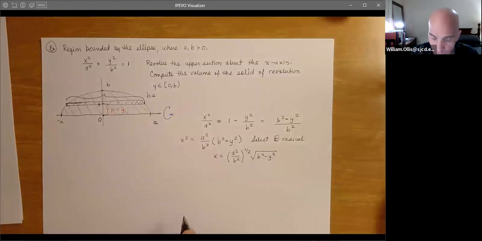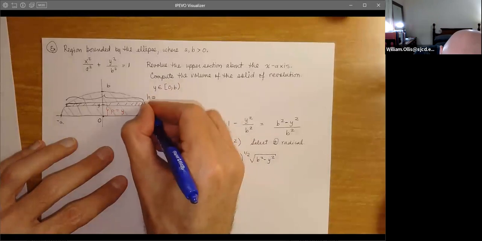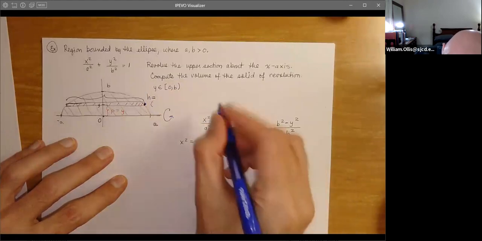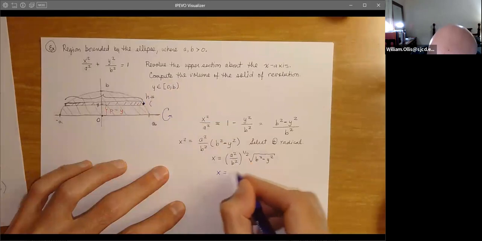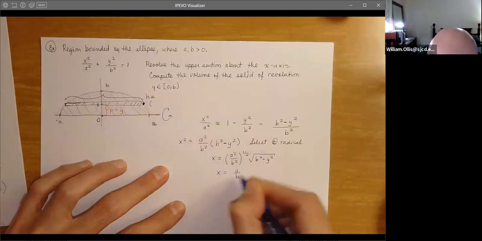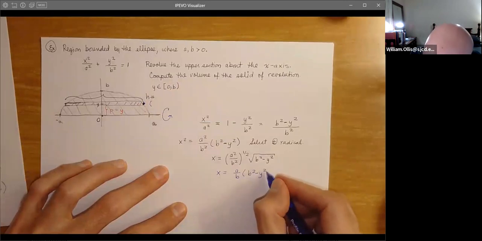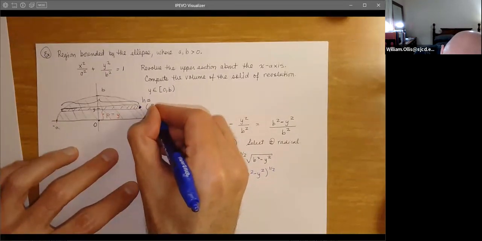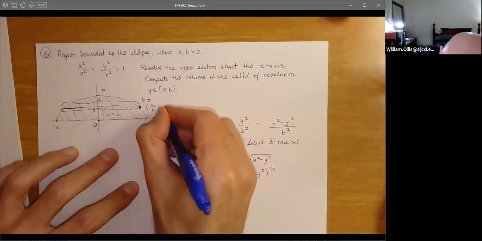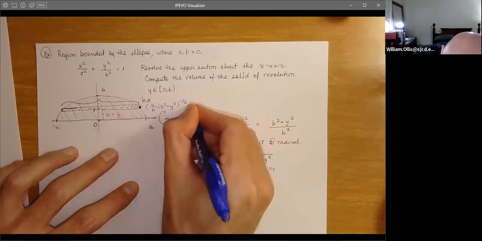So for now, we're going to select the positive. So when we go over here, we're thinking, okay, for a given y, we get this. And of course, these are both positive numbers. So we get a over b times the square root of b squared minus y squared, comma y. So if you like, I'll label this: this is a over b times the square root of b squared minus y squared, comma y.